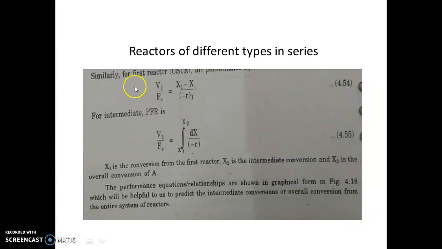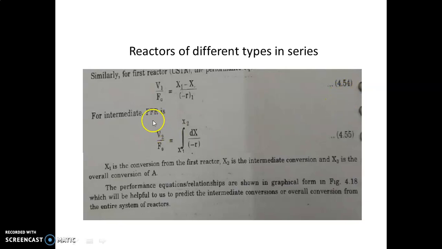Then we can write the performance equation for the first reactor, which is also a CSTR. Doing the material balance and rearranging the equations, we get V1 upon F0 is equal to X1 minus X0 divided by minus R1. So this is equation number 4.54.